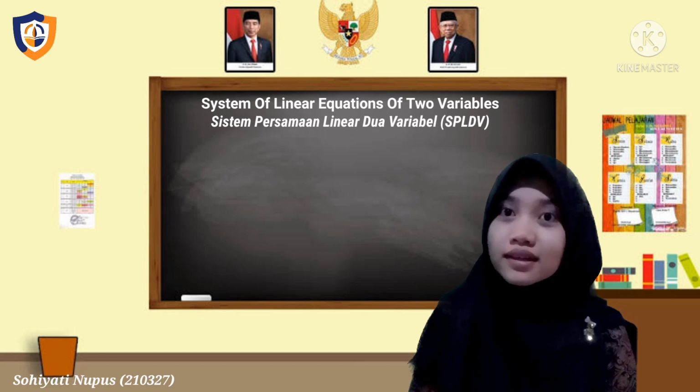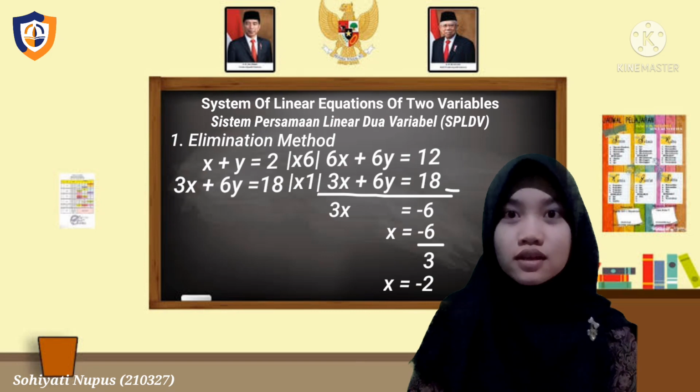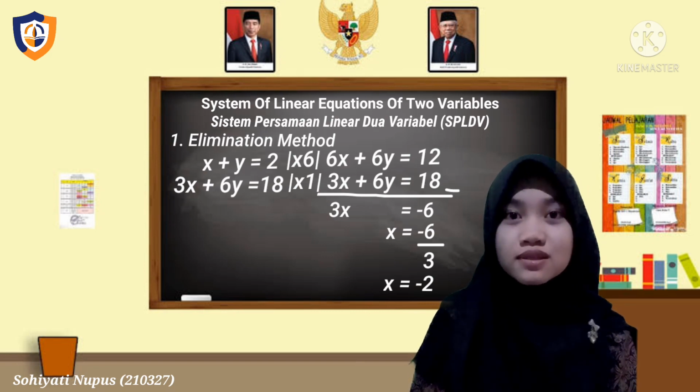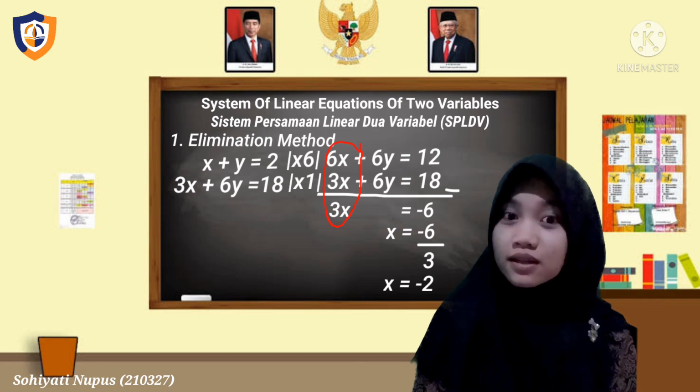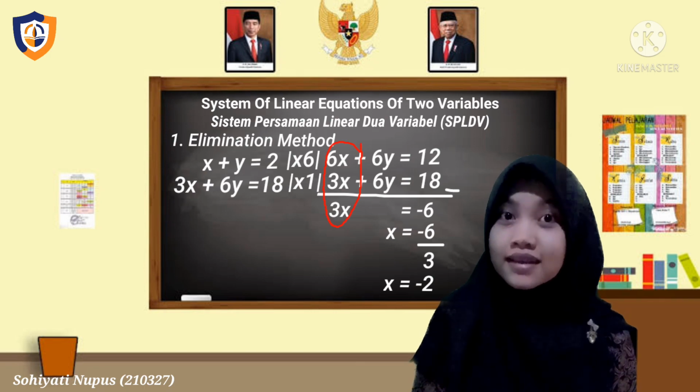Now we will find the variable x by multiplying by 6 and 1 so that the coefficients are the same. Then we subtract again: 6x minus 3x equals 3x, and 6y minus 6y equals 0.